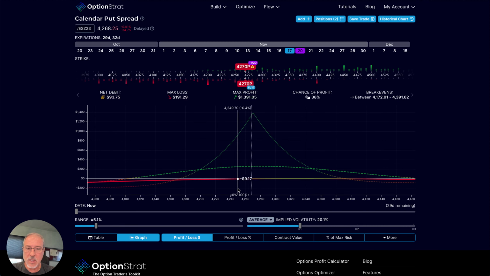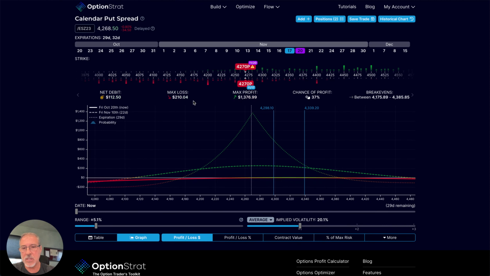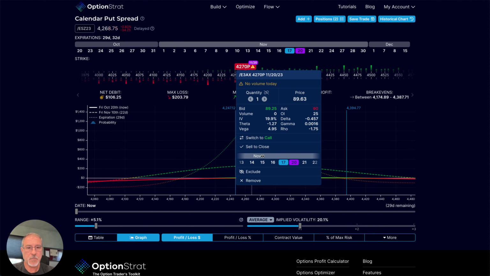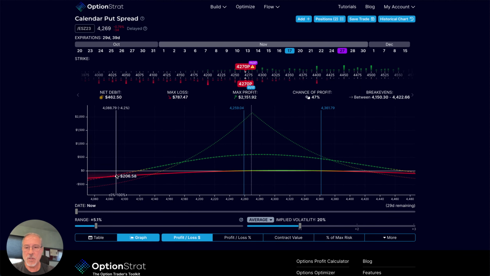So you notice that when I select a tighter time frame here, the calendar is less expensive. I'm looking at this calendar basically having a max loss in the $200 range. If I make this out further in time, let me bring it out quite a bit further in time, you'll see that the max loss grows considerably.